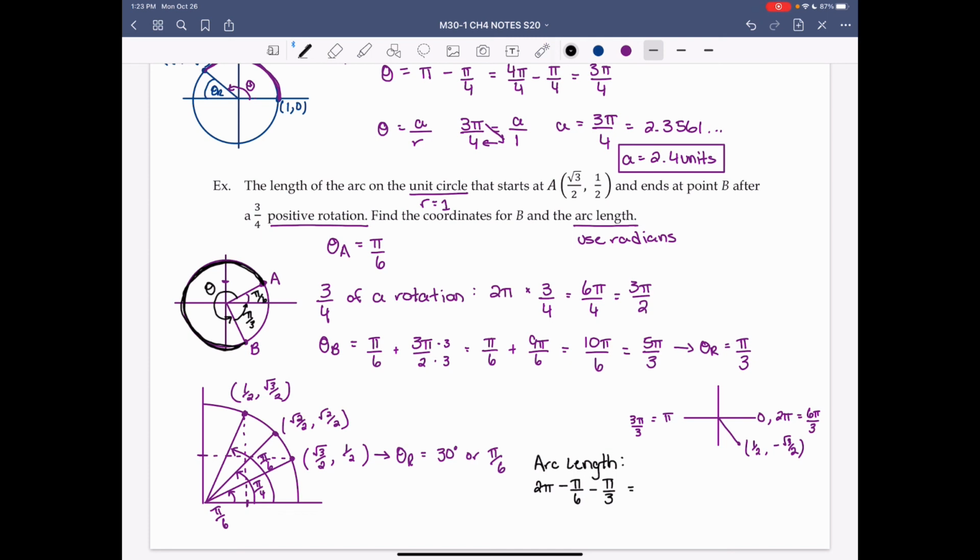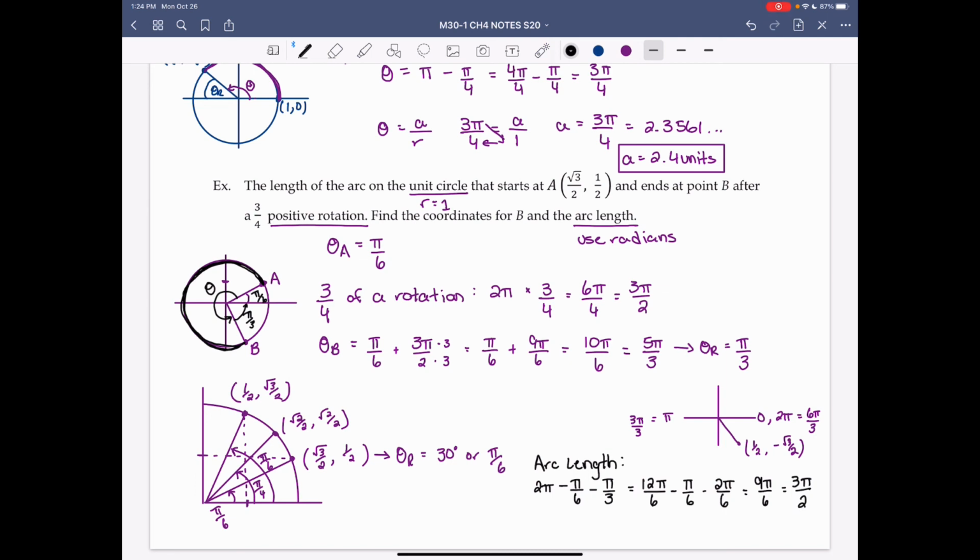We can write 2 pi as 12 pi over 6 minus pi over 6, and then we can write minus pi over 3 as 2 pi over 6. Then we subtract 12 minus 1 minus another 2. 12 minus 3 would be 9 pi over 6, which reduces to 3 pi over 2.